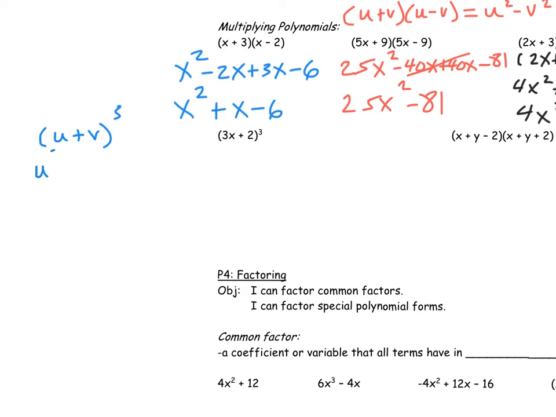You would have u cubed plus 3u squared times v to the first plus 3u to the first v squared plus v to the third, okay?